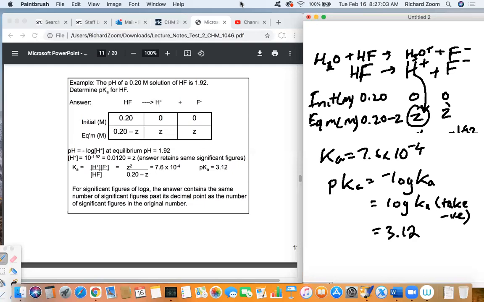Okay, and I got negative, but we turn it into a positive? That's right, because the P is the negative log of. So you're just taking that negative that you get and turning it into a positive. Okay. Thank you. Is that fair enough? Yes, it is. Does anybody have any other questions about this? Anybody having any difficulty putting this in their calculator and getting that result?